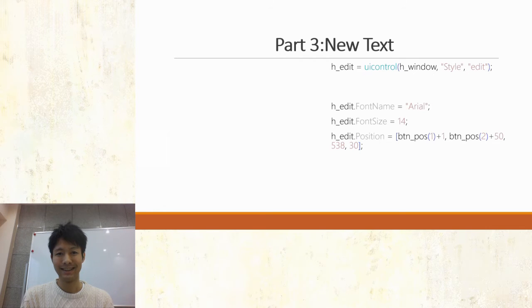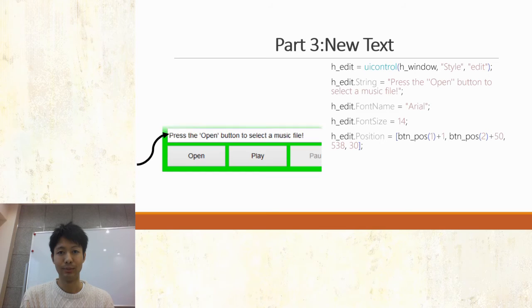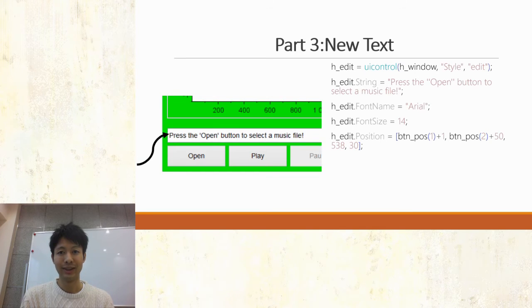Most important is the string. This one. We wrote press the open button to select a music file. Therefore, we can know how to proceed. Concretely, if we want to listen to music, we press the open button to choose a song.